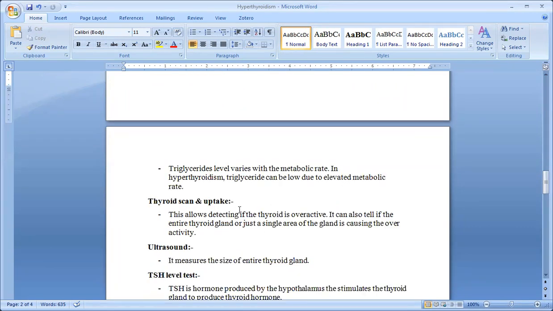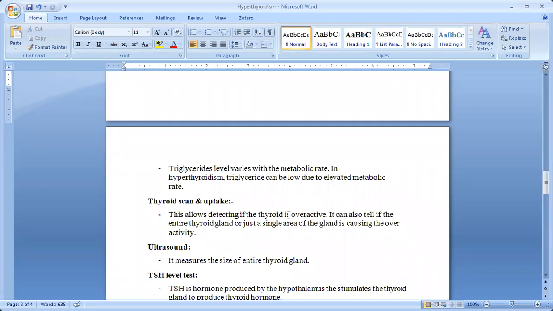Thyroid scan and uptake. Here, by scanning the thyroid gland, the doctor can detect whether the thyroid gland is overactive or not.